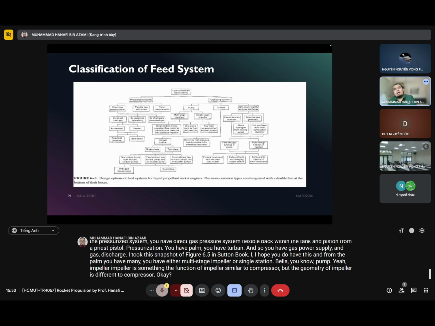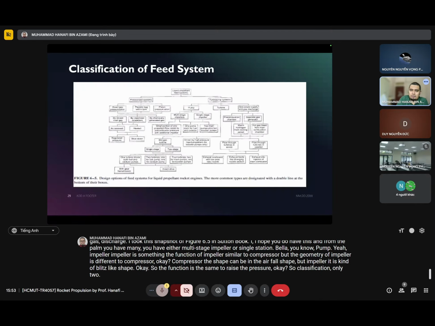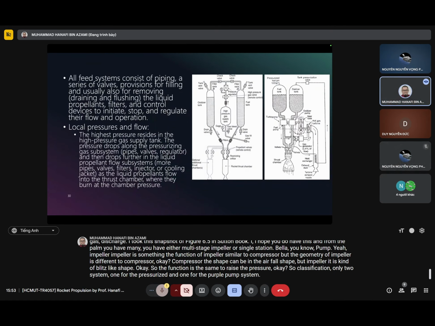A compressor can be in airfoil shape, but an impeller is more of a blade-like shape. The function is the same, to raise the pressure. So the classification has only two feed systems, one for the pressurized and one for the turbopump system.